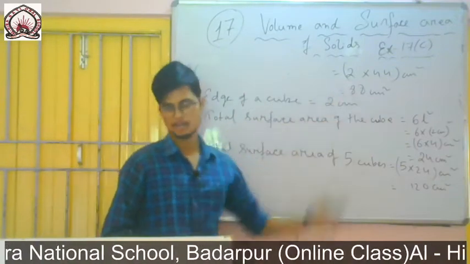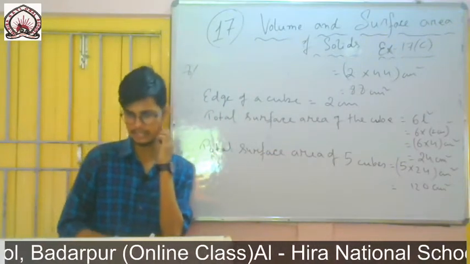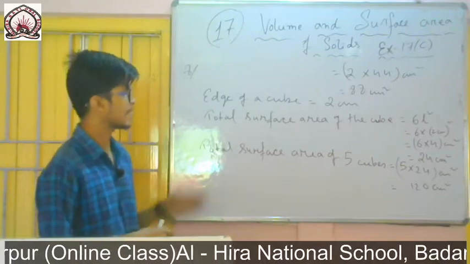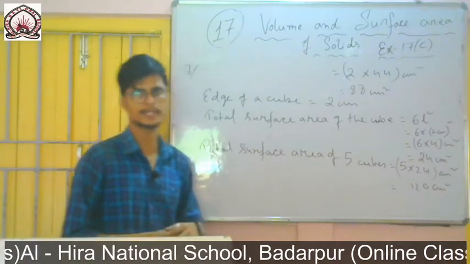And that is the total surface area of the cuboid. Now the question is to find the ratio of the total surface area of the cuboid to that of the cubes, that means 88 is to 120.